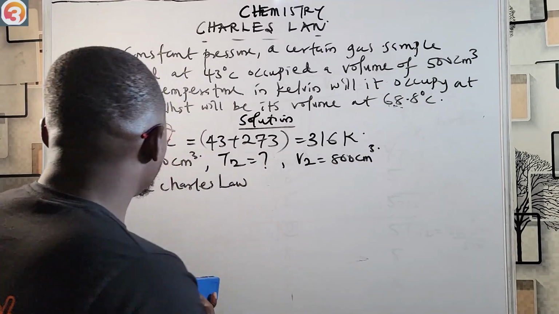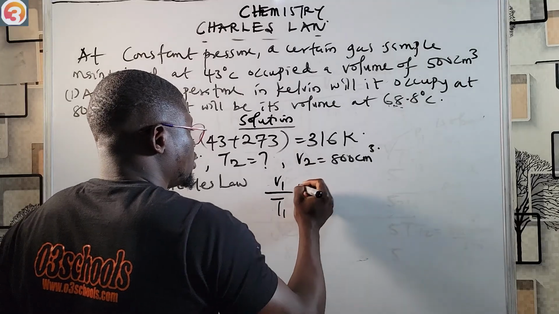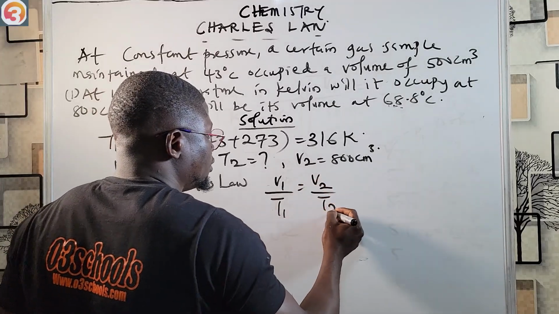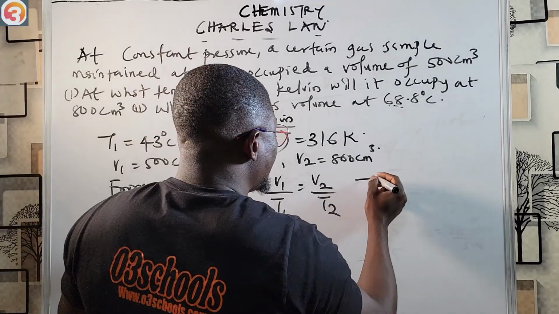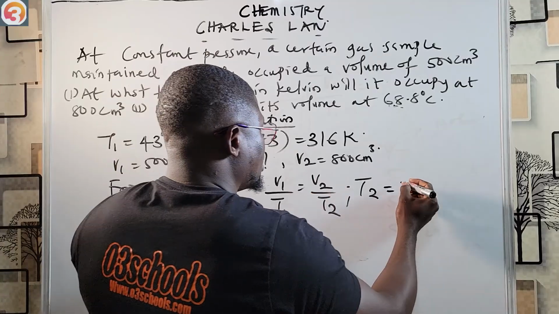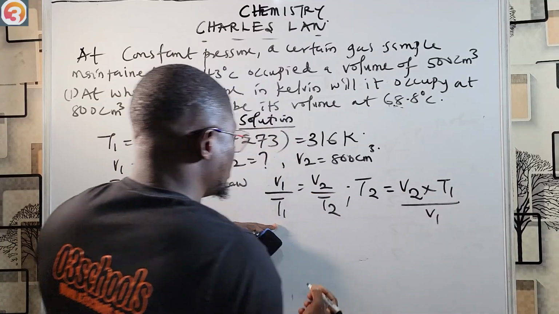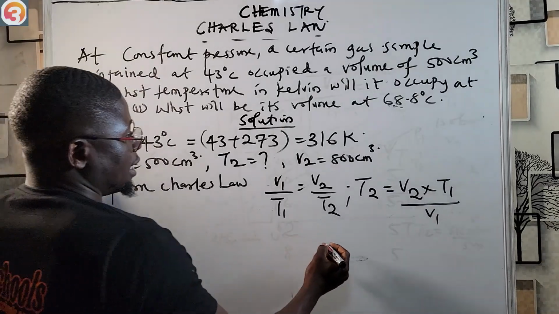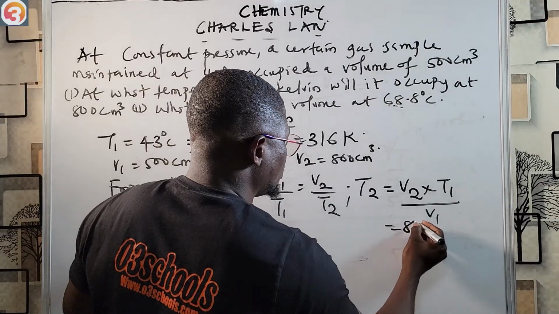So let's do this. From Charles' law, we know that V1 over T1 is equal to V2 over T2. We're looking for T2, so we can cross multiply. This means that T2 is equal to V2 times T1 over V1. V2 is 800.